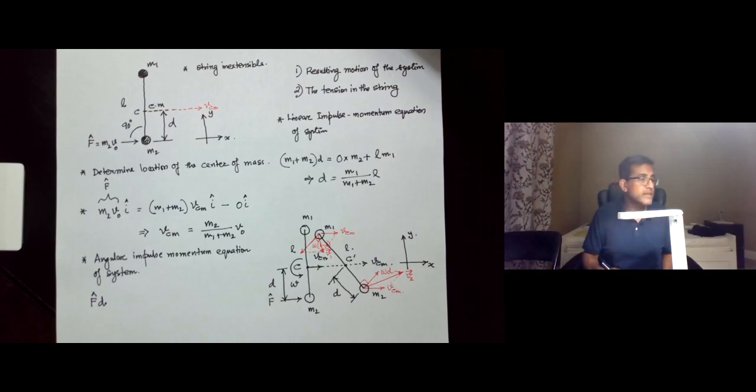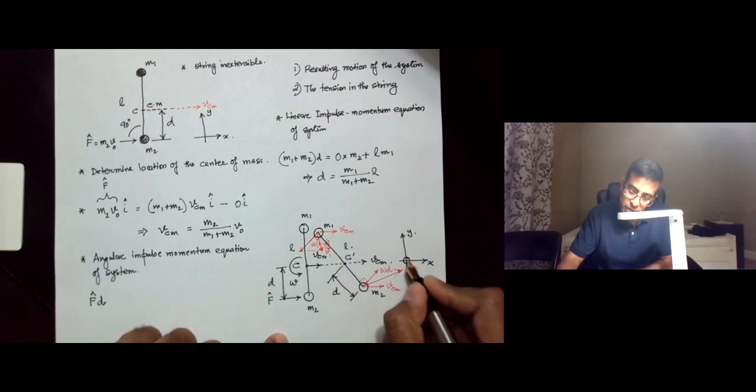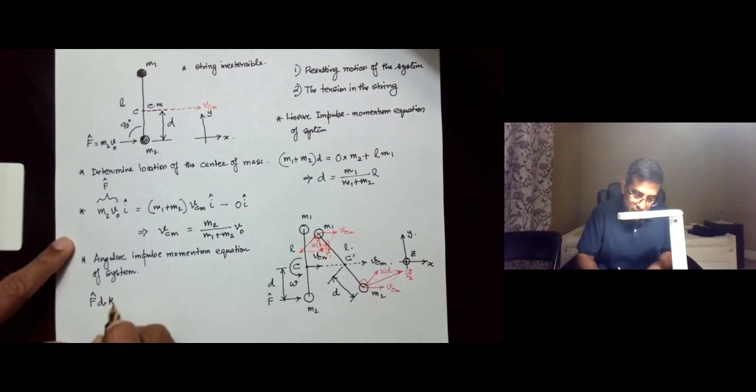So f hat times d, and this is going to be an impulse in the z direction, so it's going to be in k.